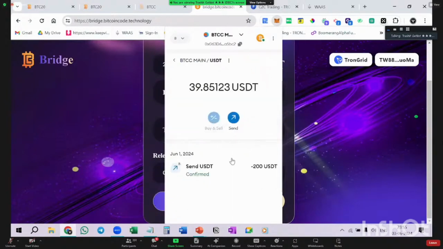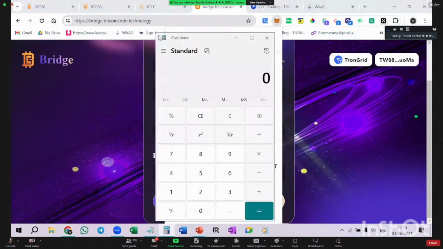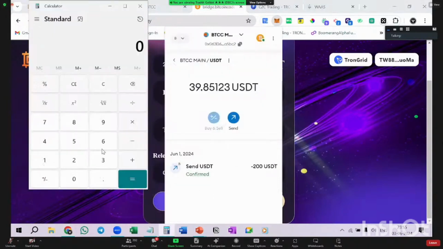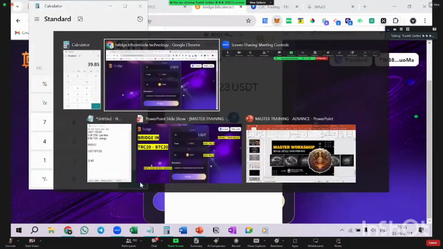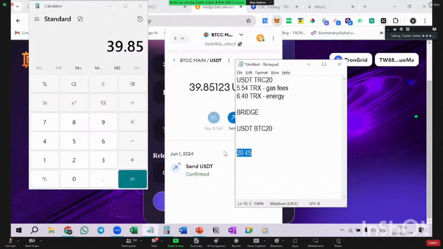So you can see 39.85, we have the figure now. 39.85. And how much we had? 20.45. So minus 20.45. So almost 19.4 is received.